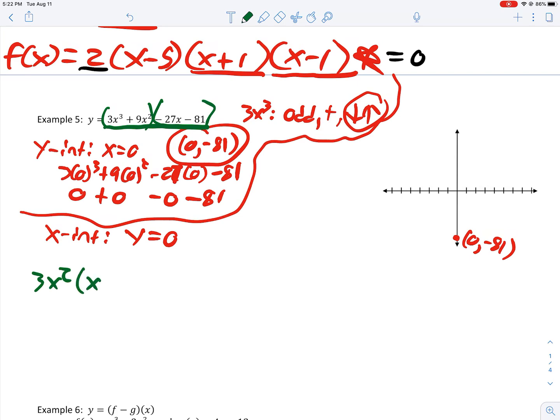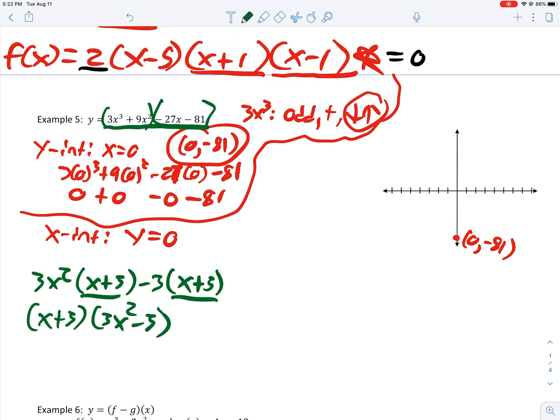That would give me an x plus 3. And then 27 and 81 are both divisible by 3. So I can factor out minus 3. So you have x plus 3. There's a common factor of x plus 3. Factor that out. So 3x squared minus 3.